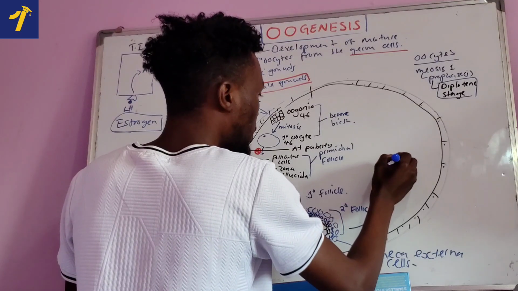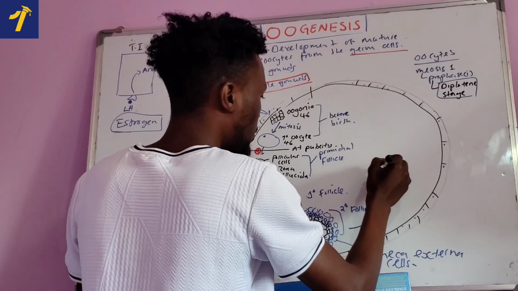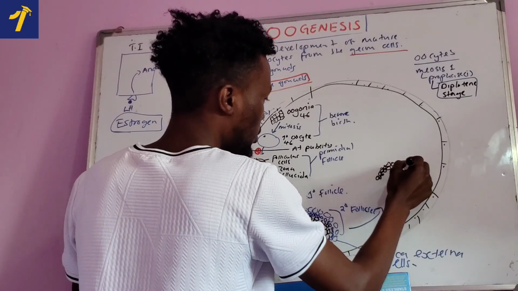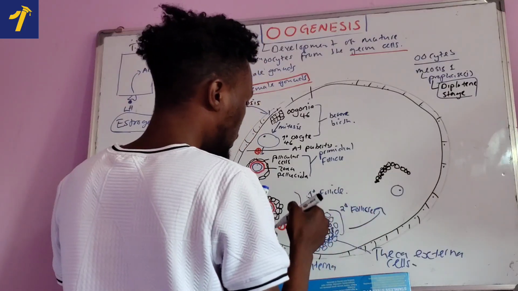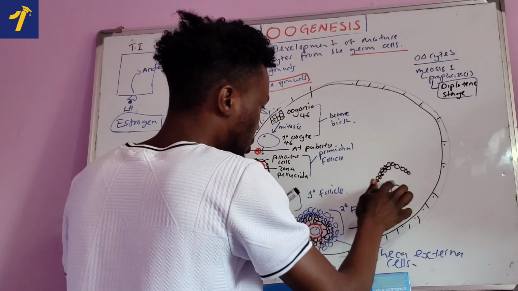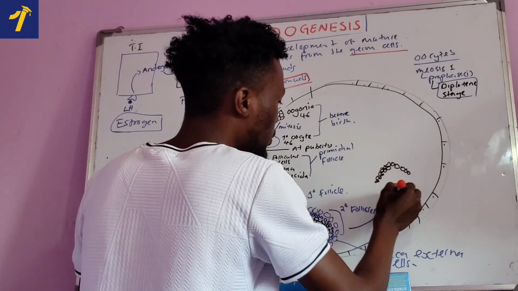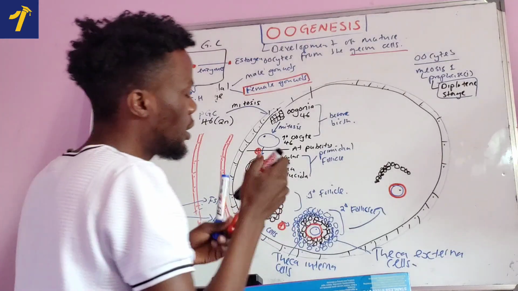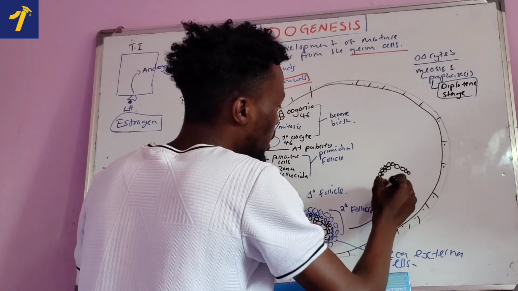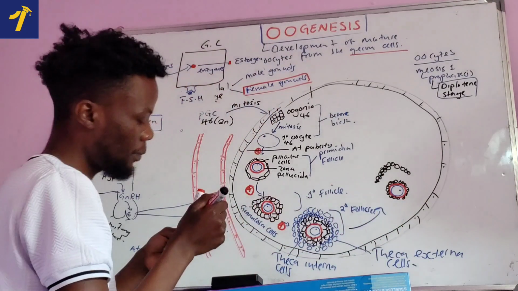Okay, and we're going to have the granulosa cells which are here. These are granulosa cells, and there will be some granulosa cells that are surrounding. Remember, before we write that, there will be a zona pellucida surrounding the primary oocyte, and there will be some granulosa cells surrounding this.